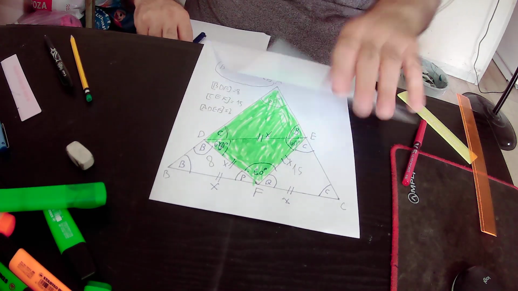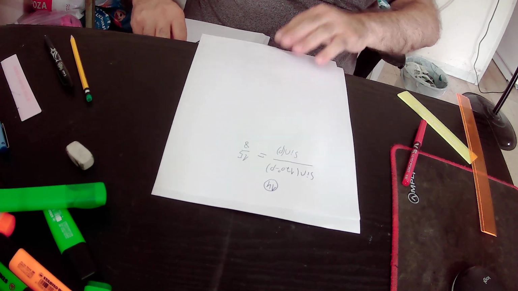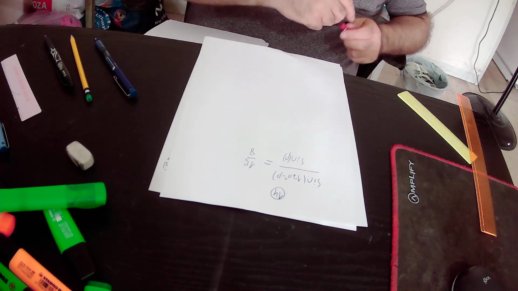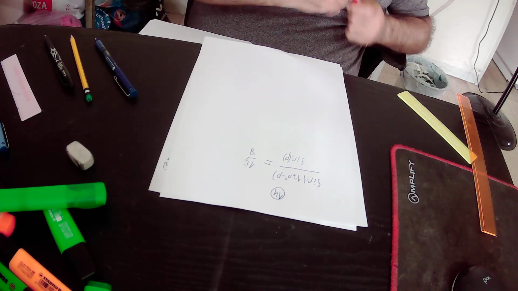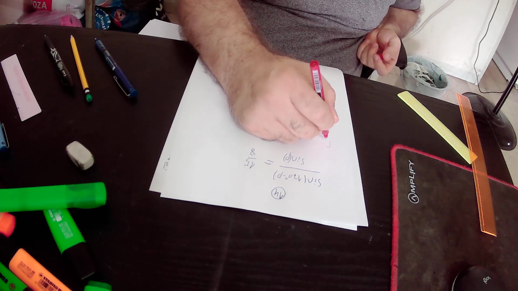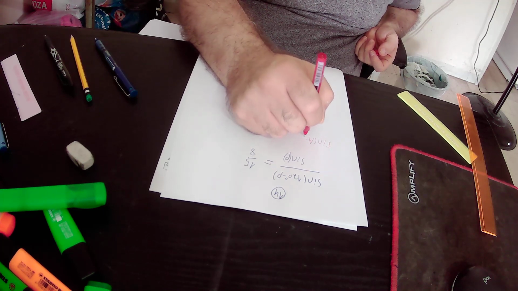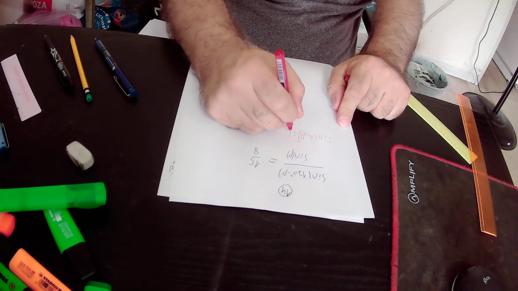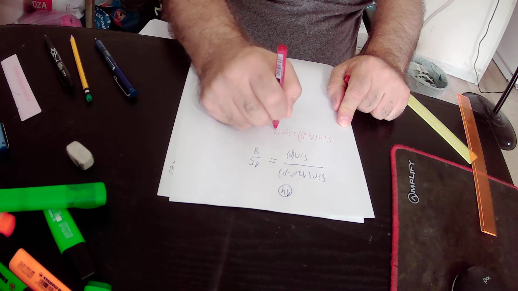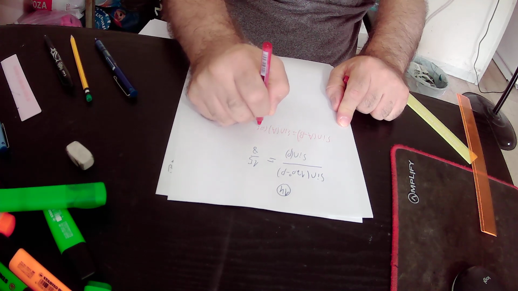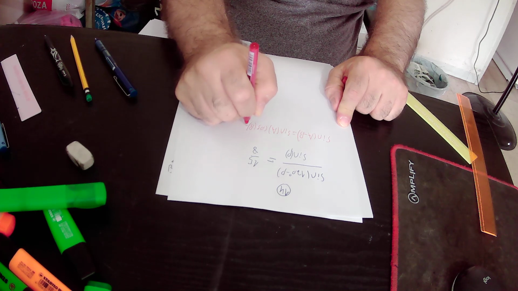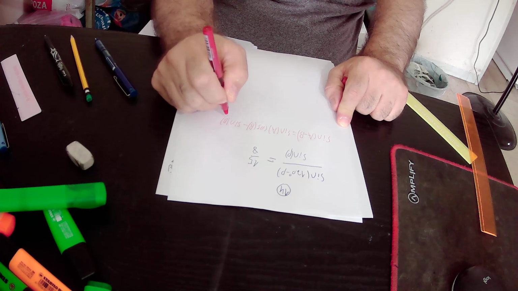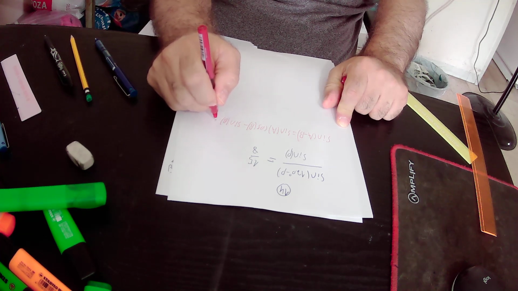So the trigonometric identity is for sine a minus b: sine a minus b equals sine a times cosine b minus sine b times cosine a.